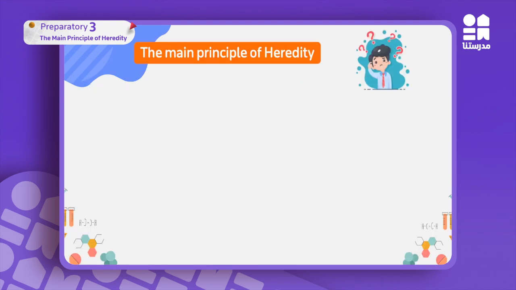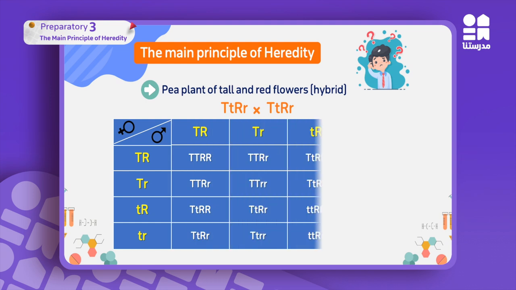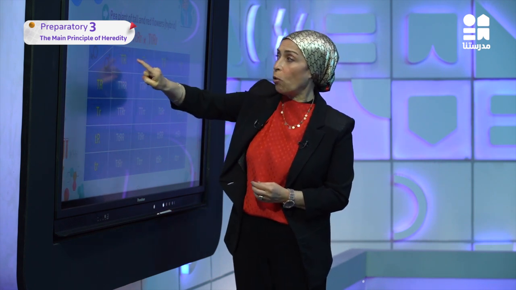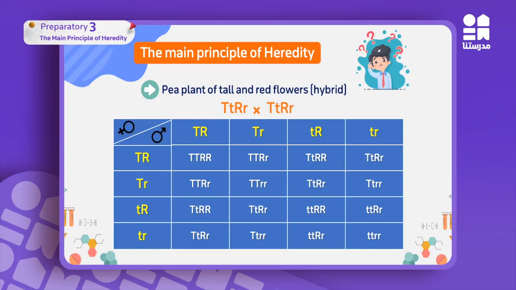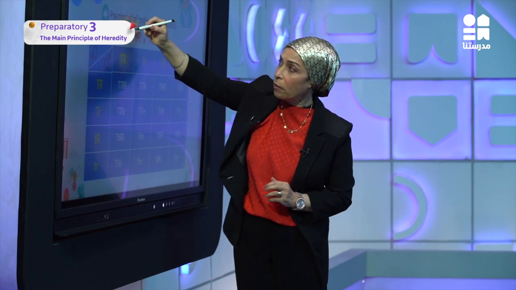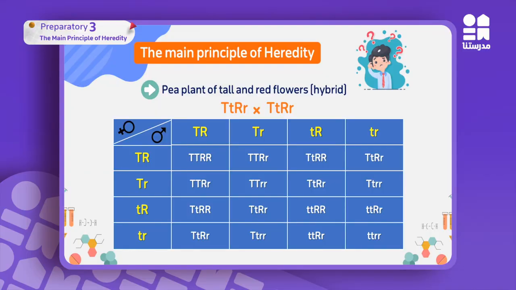Let's see the second generation. He planted the second generation, started to take two individuals from the first generation and crossed them again. Here, not 4 offspring will come out, but 16 offspring different from each other. Each time he takes the gametes and separates them. He gives the gametes of the first parent, T capital T small R capital R small, and started to take T capital with R capital. So he made the first gamete T with R, this one with this one, and then T capital with the R small, this is the second one, and then a T small with the R capital, and finally T small with R small.